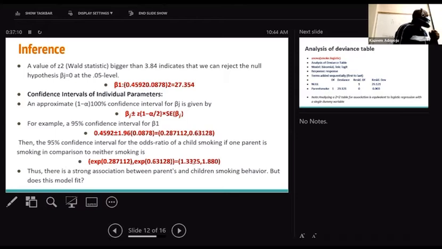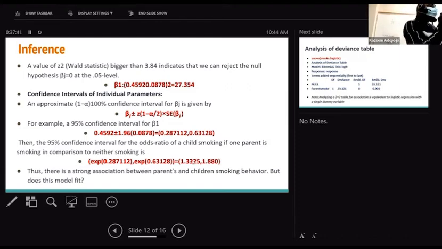Take a look at that. And let me tell you this. When you look at the odds ratio now, does this odds ratio include 1? Does 1 lie between 1.3325 and 1.880? Because in linear regression, when you are computing the confidence interval, we can use it to investigate significance by checking if it includes 0.